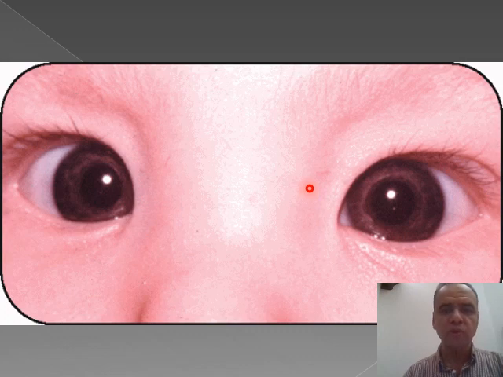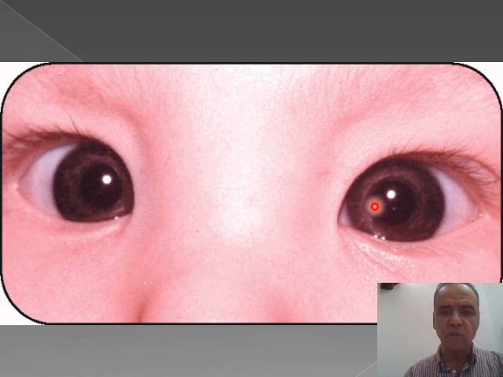But we should not say this is a pseudosquint just by finding wide epicanthic folds, unless we do a cover test to exclude tropia, cover-uncover test to exclude phoria, visual acuity to exclude amblyopia, refraction to exclude hypermetropia or any other refractive errors, and anterior and posterior segment examination to exclude any ocular disease. Then we can say this is a pseudosquint.